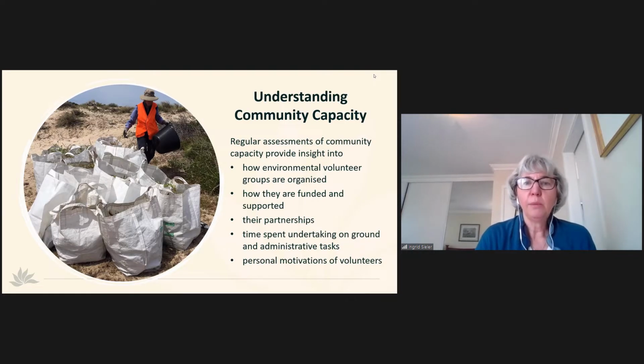So why do we want to understand community capacity? Well, for us, it's really important to be able to support the groups and the significant work that they do across our natural areas in Perth. So we want to understand how the groups are organised. Are they formal, incorporated bodies? Are they informal groups of like-minded people?